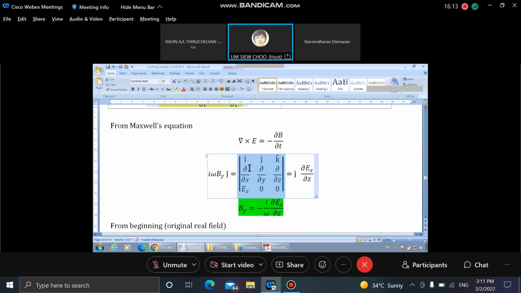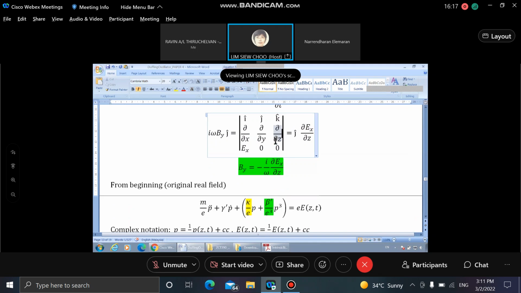Curl E I expand into the determinant form. It is like this. So when you work it out, you can see that there is no i component. The j component is del Ex over del z minus del Ez over del x. So we have this. And then electromagnetic wave is transverse, so you don't have the k component. Even though you still have the del Ex over del y, you cannot let it be there.